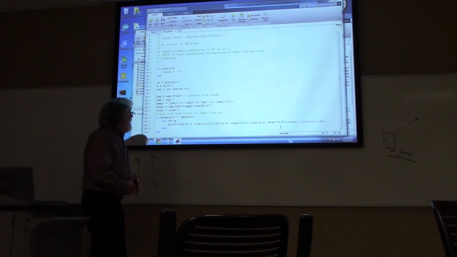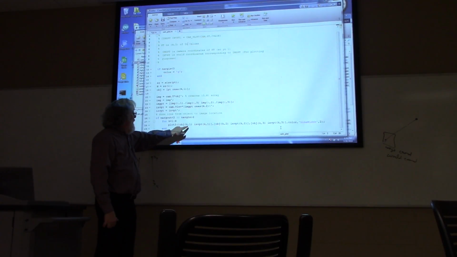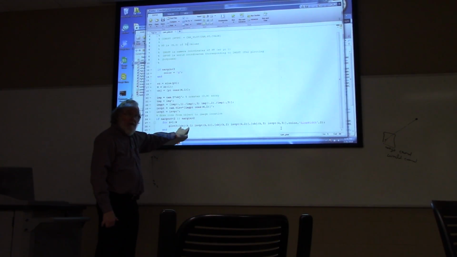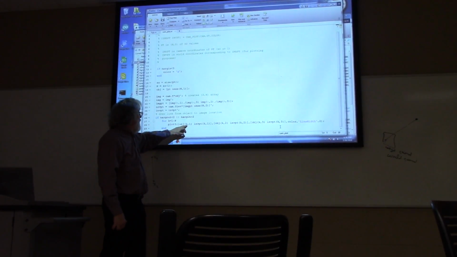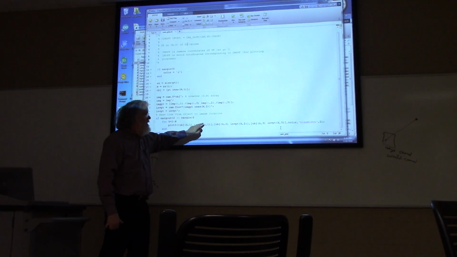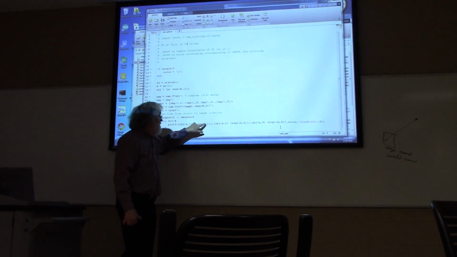So here we're drawing a line from the object position. We're drawing k different objects. So here we're drawing a line from the object position to where it intersects the camera in world coordinates. That's the x.